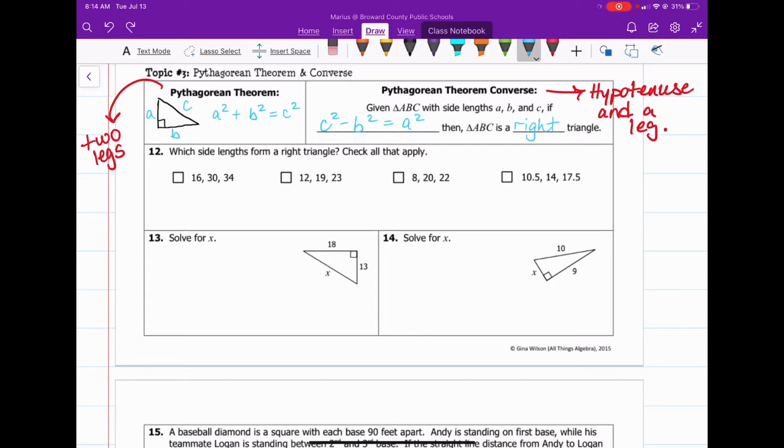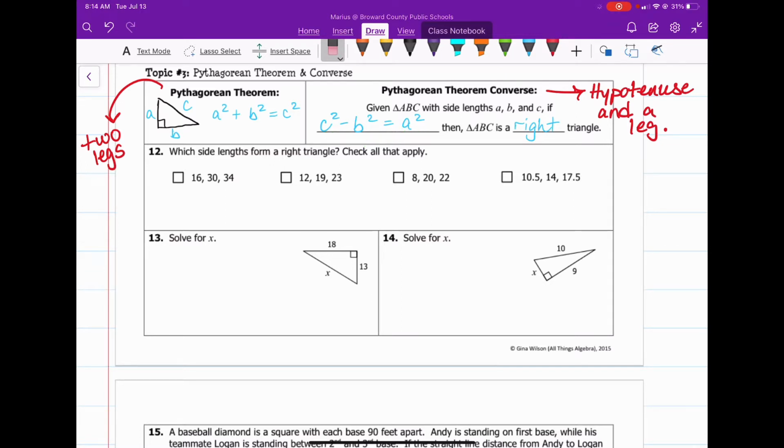You may see some people write it as c squared minus a squared equals b squared. As I stated before, a and b are interchangeable. They both represent the length of a leg. So it does not matter how you write the converse.